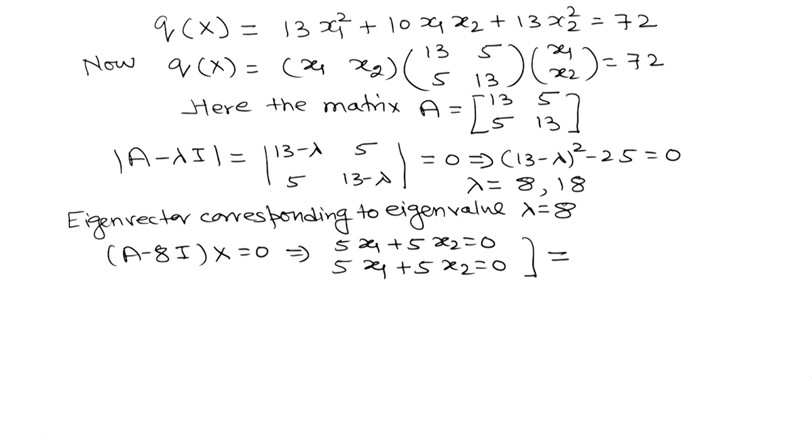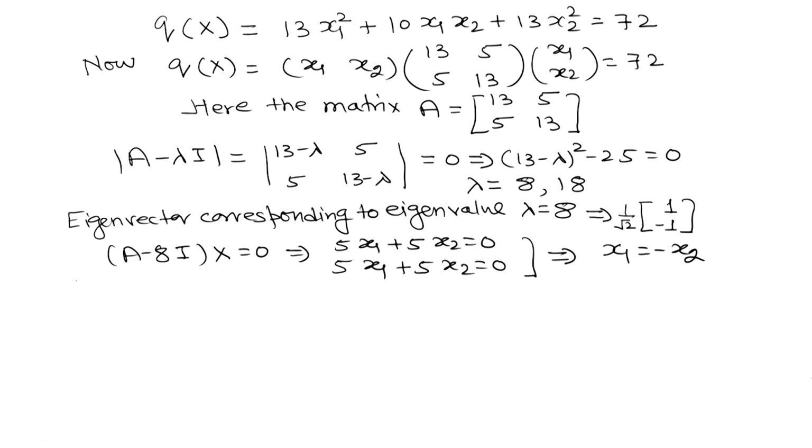Now, from these two equations I can write x1 equals minus x2. So, the eigenvector corresponding to lambda equals 8 can be written as, if I take x1 as 1, x2 will become minus 1, and as a unit vector, it will become 1 by root 2 into (1, minus 1).